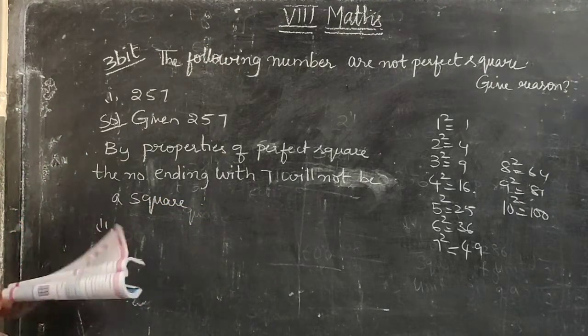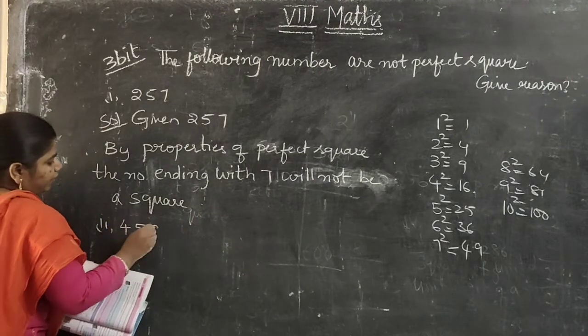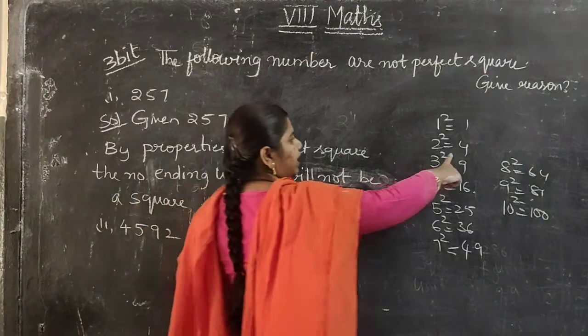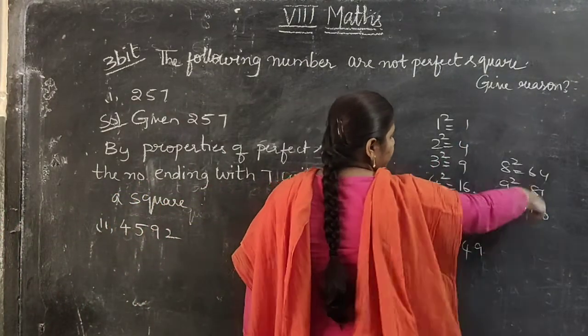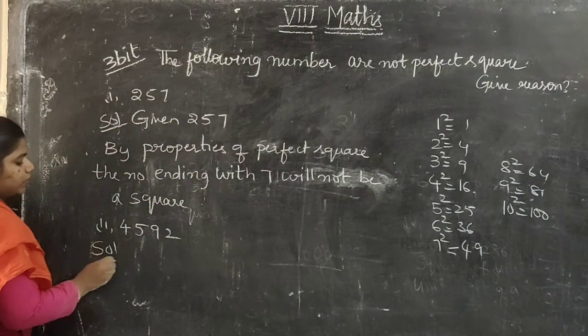The second one is 4592. Again, the last digit is 2. In perfect squares we are not seeing any unit digit as 2. So by using the properties you can tell that it is also not a perfect square.